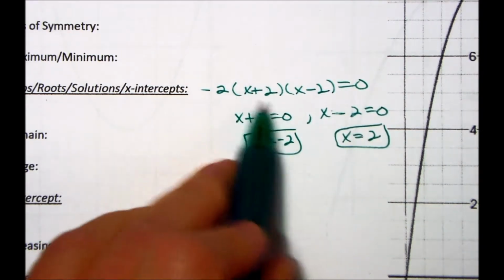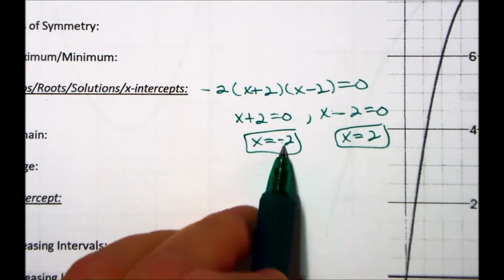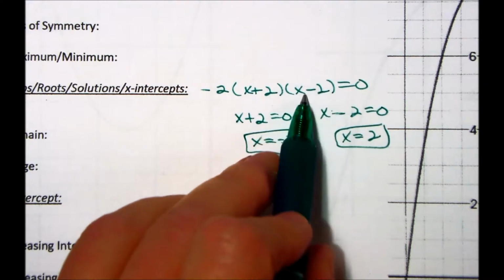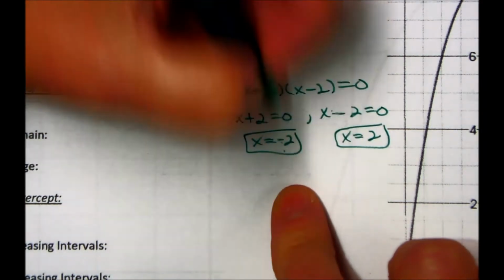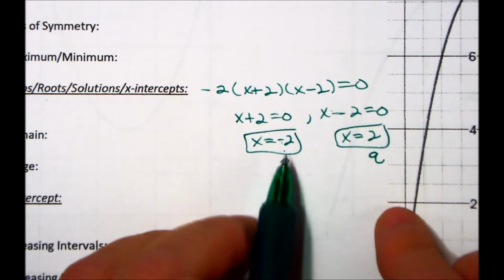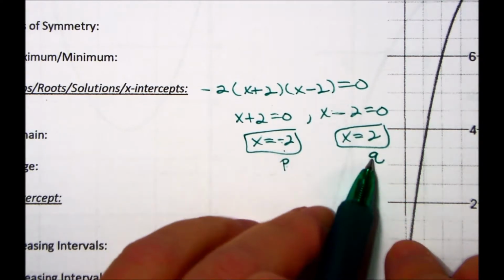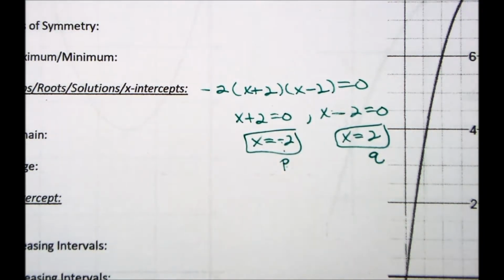So the factor was x plus 2, but it gives a solution of negative 2. When the factor is x minus 2, the solution is positive 2. It doesn't matter which one you call p and which you call q, but the value of p is negative 2 and the value of q is positive 2, the opposite of what these terms are.